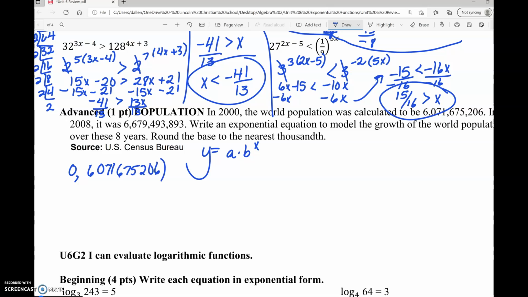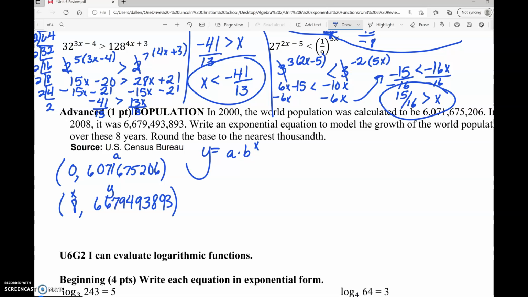So that's my first, and this is a. And then my b, I have to find, but I do have this data. I have 2008, which is 8 years. It was 6,679,493,893. So this is going to be my x, and this is my y.